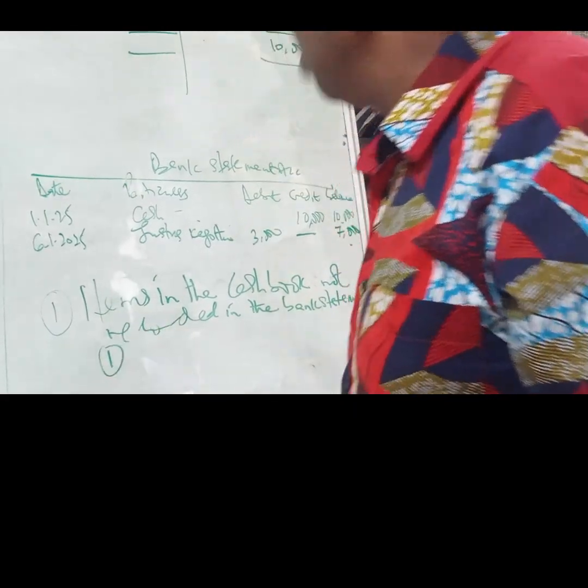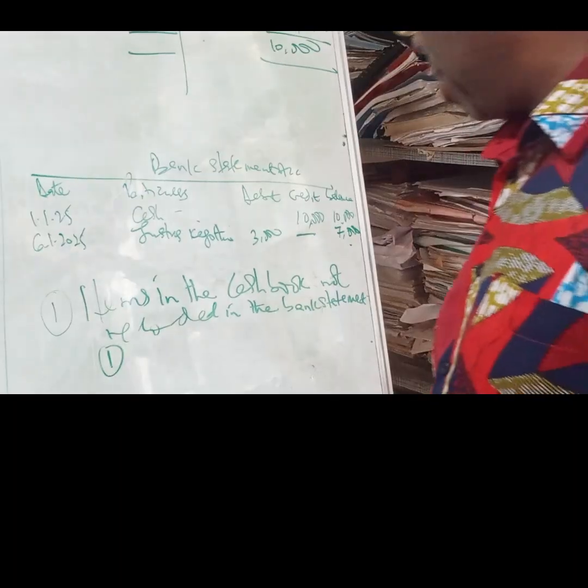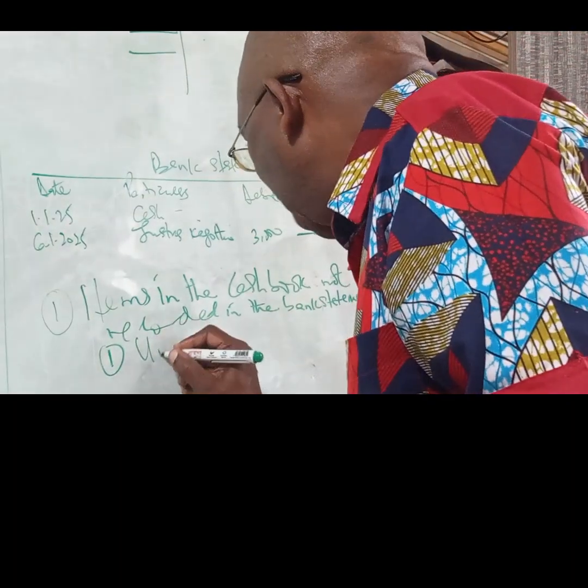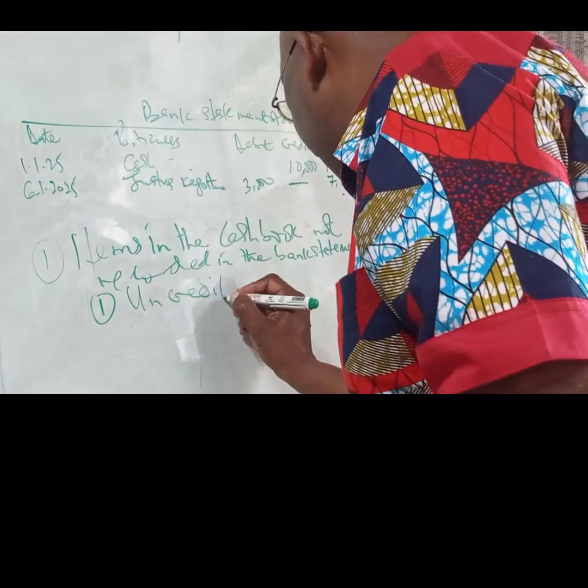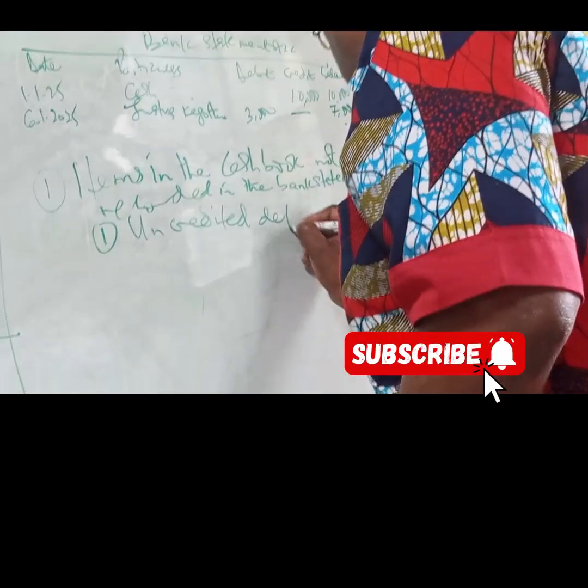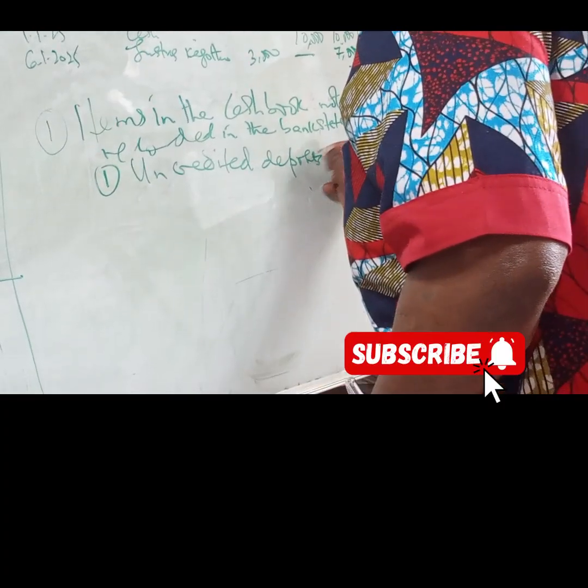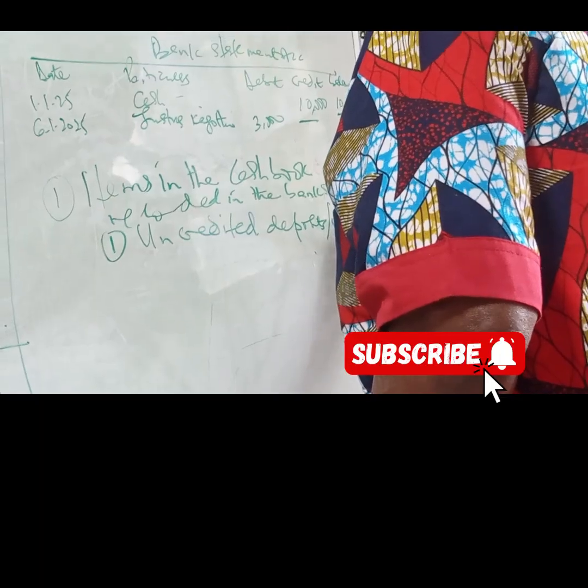Number 1, items in the cash book not recorded in the bank statement. We talk about uncredited deposits, uncredited deposits stroke checks.